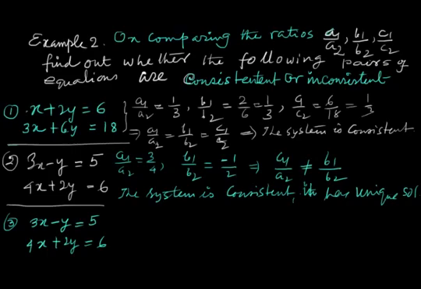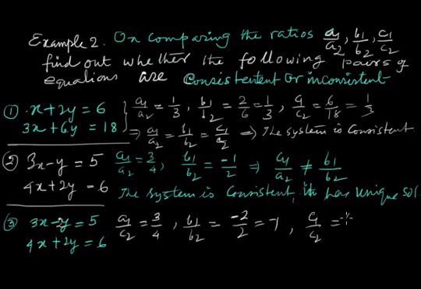The last one, here A1 by A2 is equal to 3 by 4. B1 by B2 is minus 1. C1 by C2 is equal to 5 by 6.